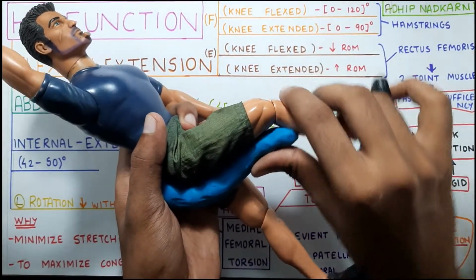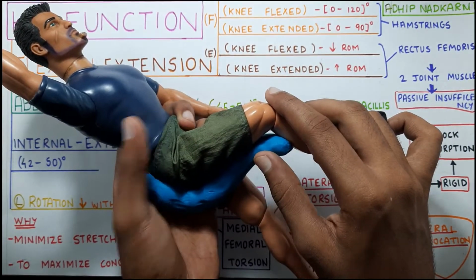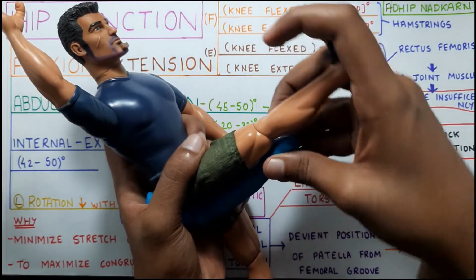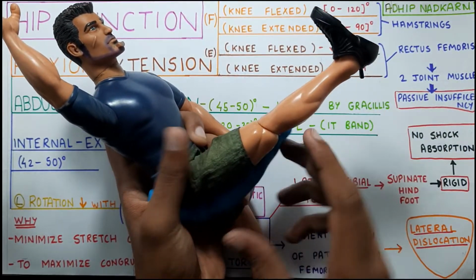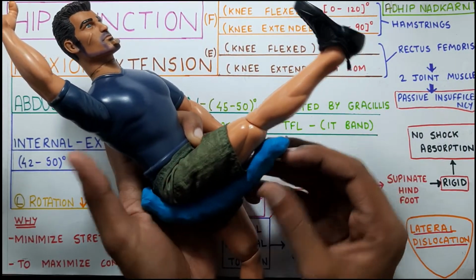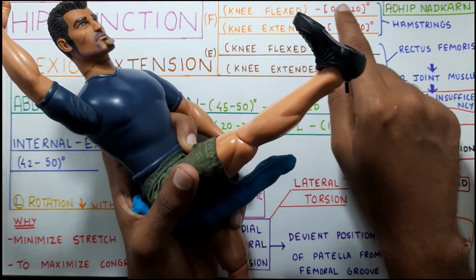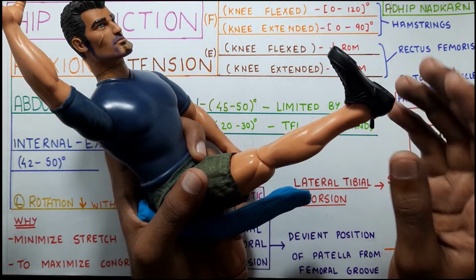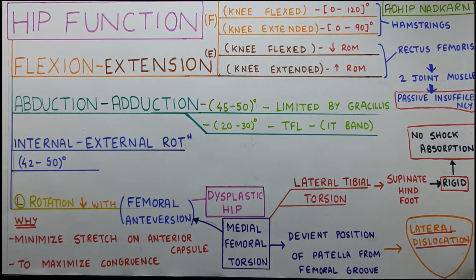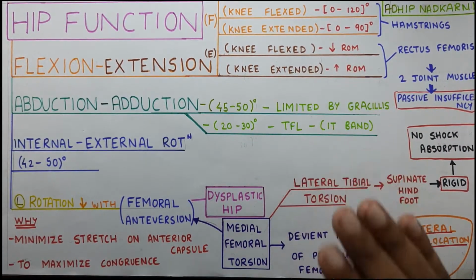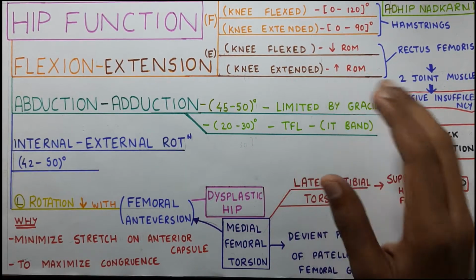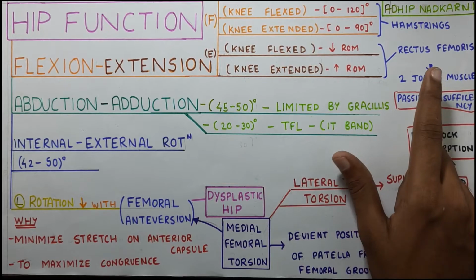If it is flexed, it's not getting stretched at the knee, right? So it can stretch effectively. But if I'm stretching it at both the joints, it is difficult for the muscle to give the extra range of motion that was possible with the knee flexed. So that is your passive insufficiency. Basically, it is the inability of your muscle to stretch effectively at both the joints. Okay, so that was about your hamstring muscles.